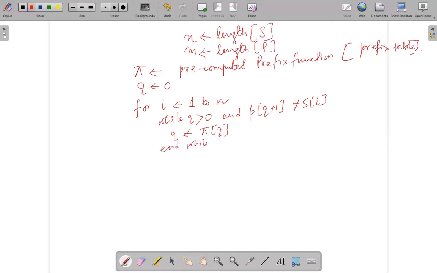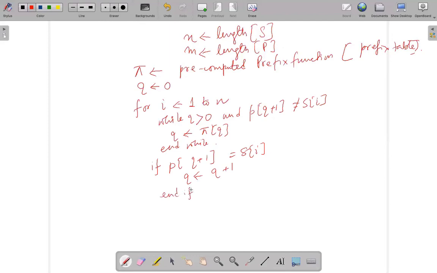Now if P[q+1] is equal to S[i], then Q is set to Q plus 1.